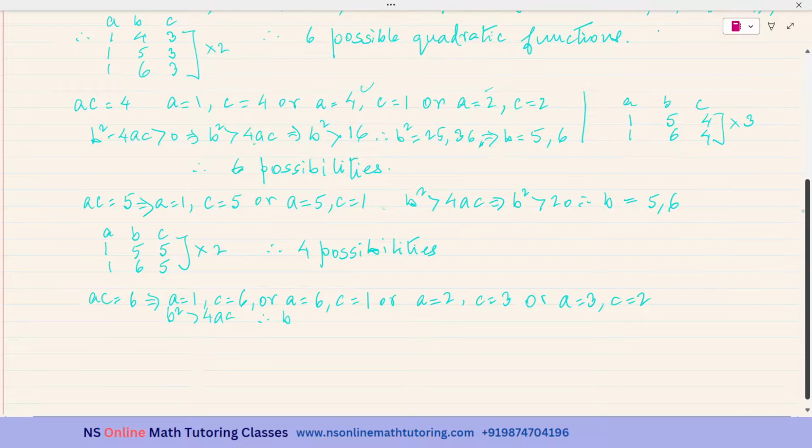Therefore, B squared is greater than 6 times 4, which is 24. Therefore, B squared will be 25 and 36. So, B is equal to 5 and 6 again. Okay. So ABC, it is 1, 5, 6 and 1, 6, 6 multiplied by 4 options 1, 2, 3 and 4. So 8 possibilities.